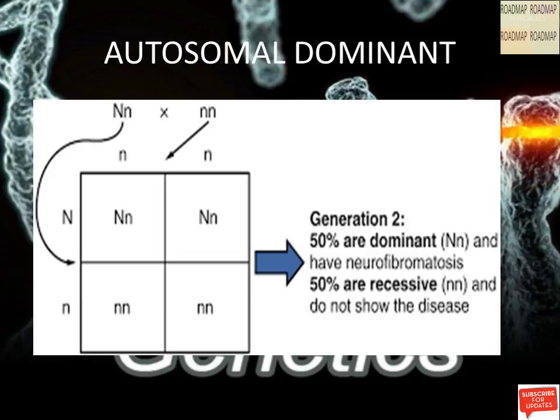Some other examples of autosomal dominant inherited diseases are breast cancer gene, beta thalassemia, and familial hypercholesterolemia. So this is the example which explains how autosomal dominant inheritance takes place.